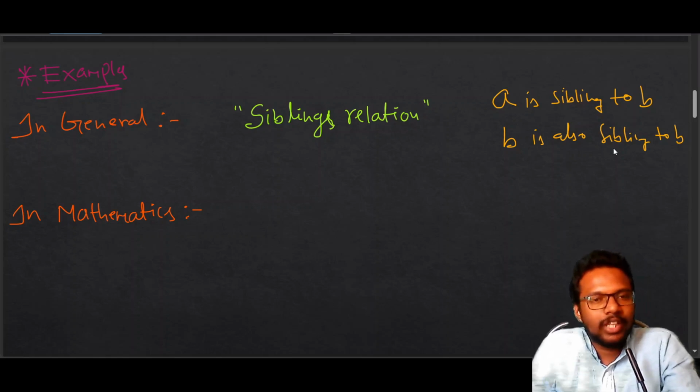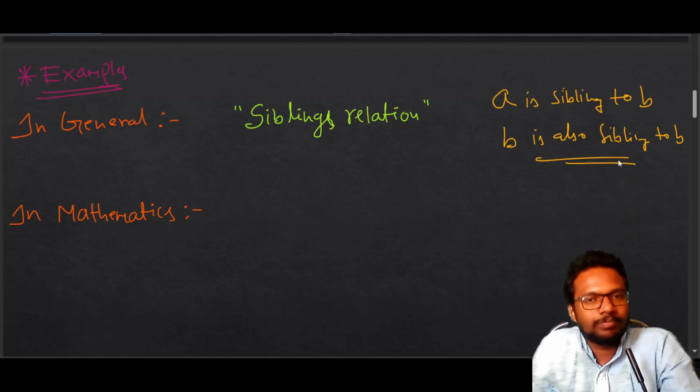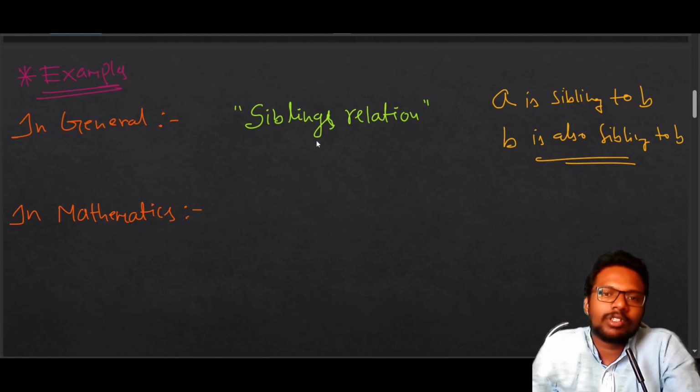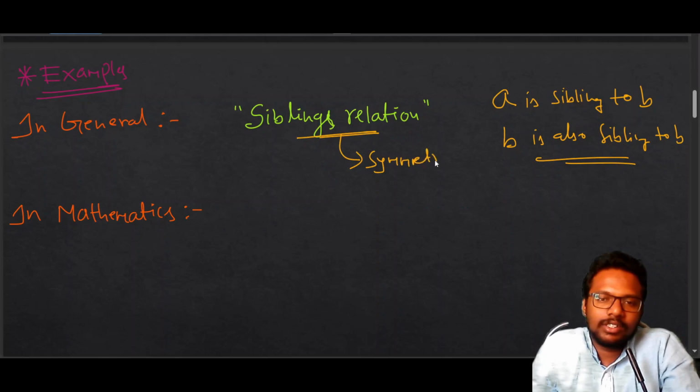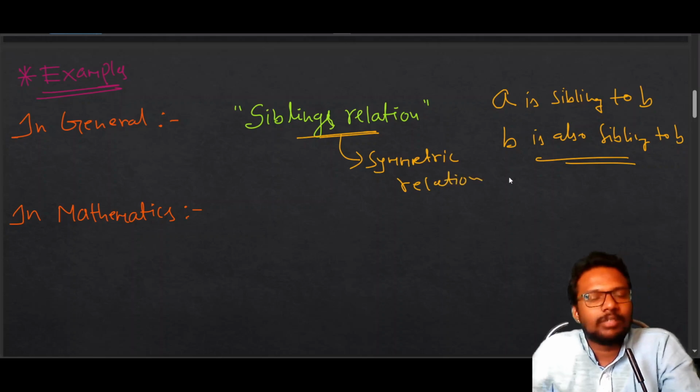So if A is a sibling to B, then definitely B is also a sibling to A. So for the sibling relationship we can say it is a symmetric relation.